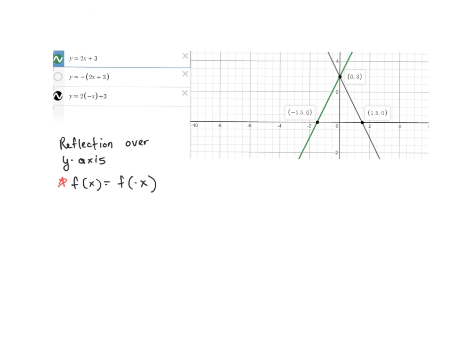Now if we look at a graph where we're taking our input, our x, and taking the negative of our input, you'll see you have a reflection over the y-axis.